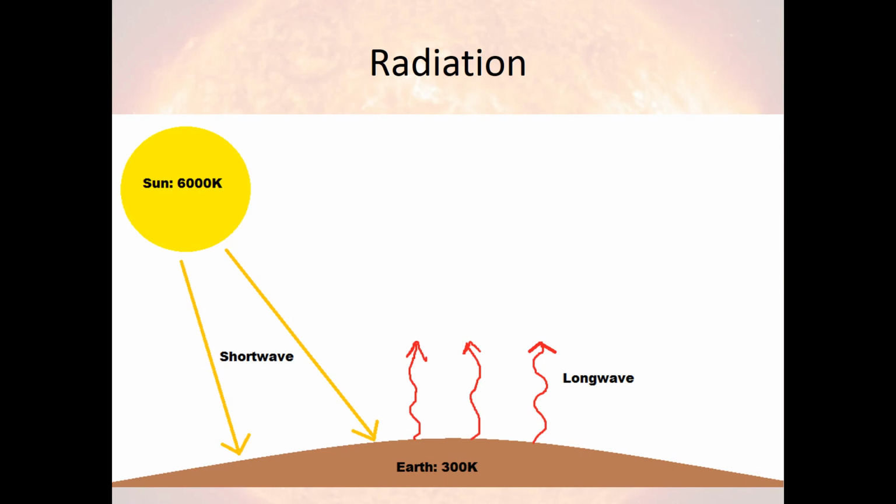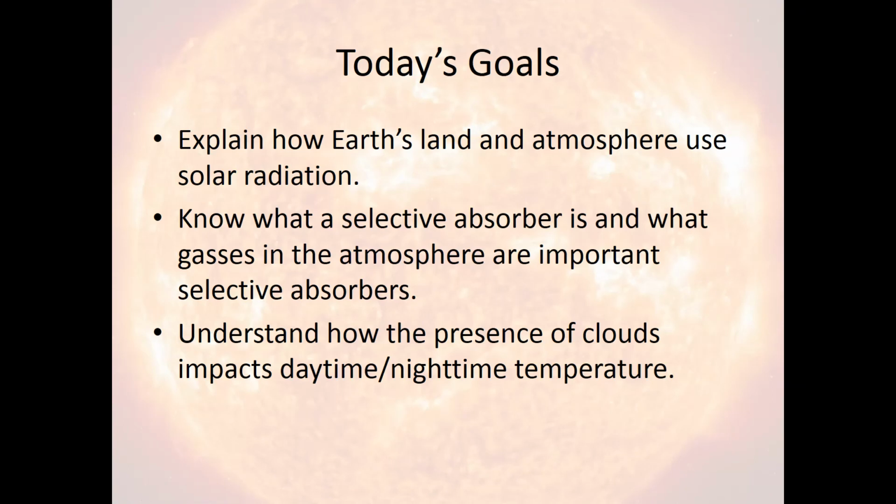Why is it hotter in the summer and colder in the winter? All of those things come back to this fundamental balance between incoming shortwave radiation and outgoing longwave radiation. Now that we'll talk about next time.